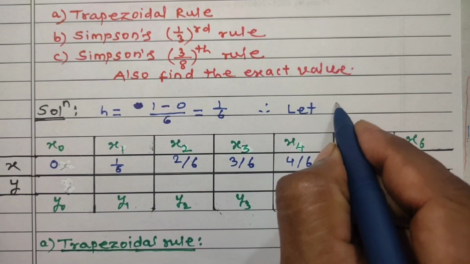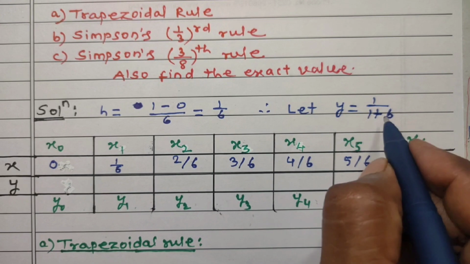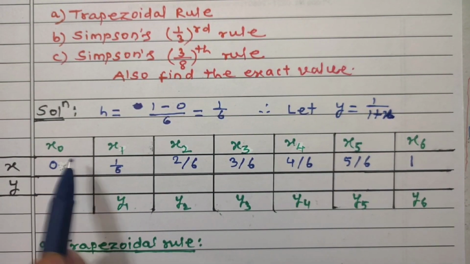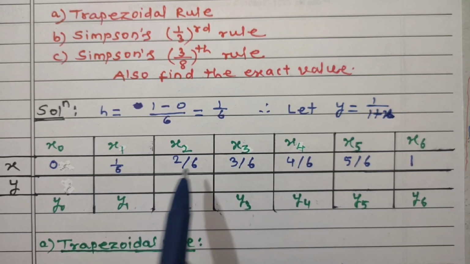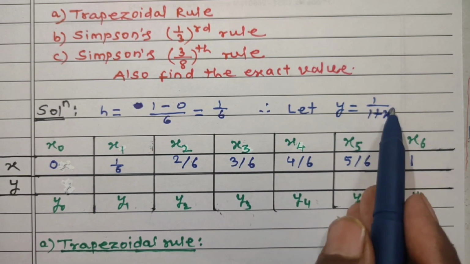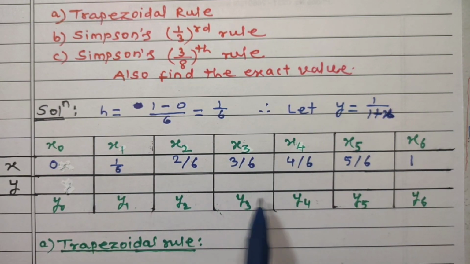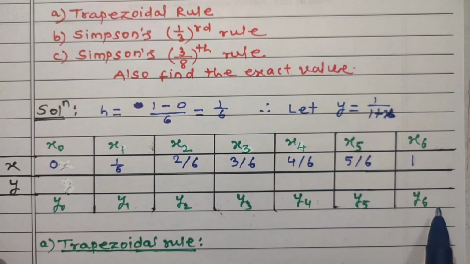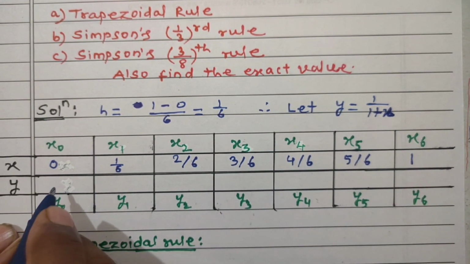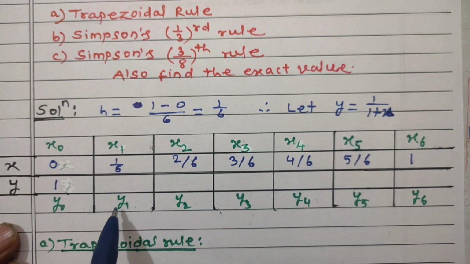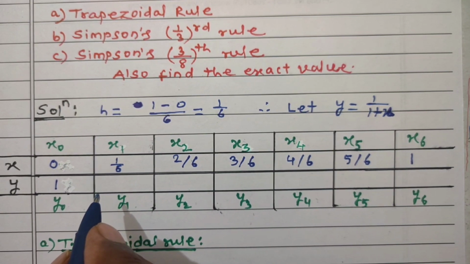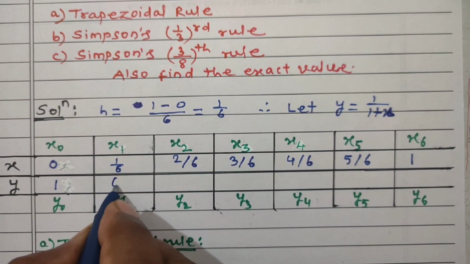Let y is equal to 1/(1 plus x), which is integrand of this integral. Now values of x you can put 0, 1 upon 6, 2 upon 6, 3 upon 6, 4 upon 6, 5 upon 6 and 1 in this to get y0, y1, y2, y3, y4, y5 and y6. So y0 is equal to 1 upon 1 plus 0, that is equal to 1. y1 is equal to 1 upon 1 plus 1 upon 6 and which is equal to 6 upon 7.